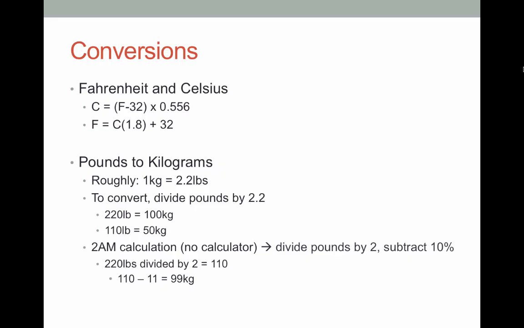So if we have a 220-pound person, if we divide that by 2, I get 110, and then take 10% of that, which is 11, so I'm just moving the decimal place one space to the left. If I subtract 11 from 110, I get 99 kilograms. This is a rough calculation in your head, but it'll get you through, and it'll get you pretty close to the actual conversion.